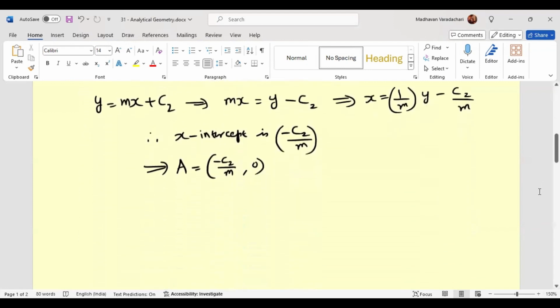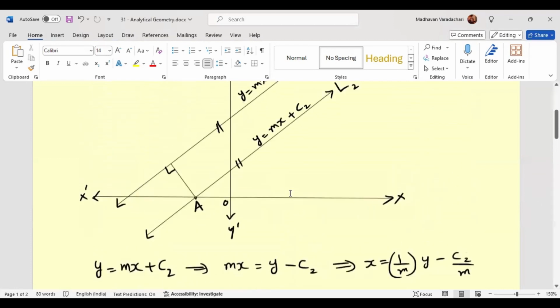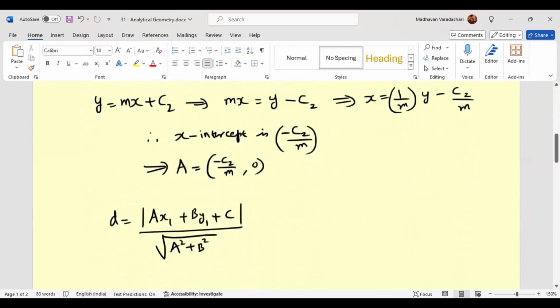So we know that formula is D is equal to modulus of A x1 plus B y1 plus C divided by square root of A square plus B square. This is the formula to find out the perpendicular distance between a point and a line.